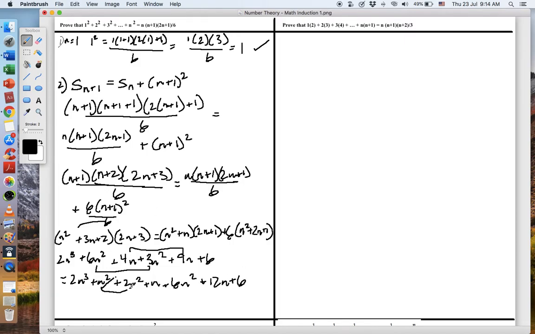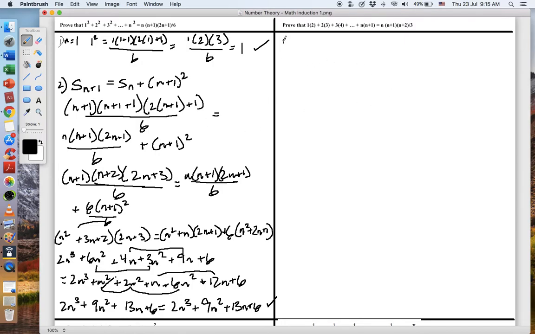Again, combine like terms, and we end up getting 2n cubed plus 9n squared plus 13n plus 6 is equal to itself, 2n cubed plus 9n squared plus 13n plus 6, and so that checks out. That is true. Let's do another one.